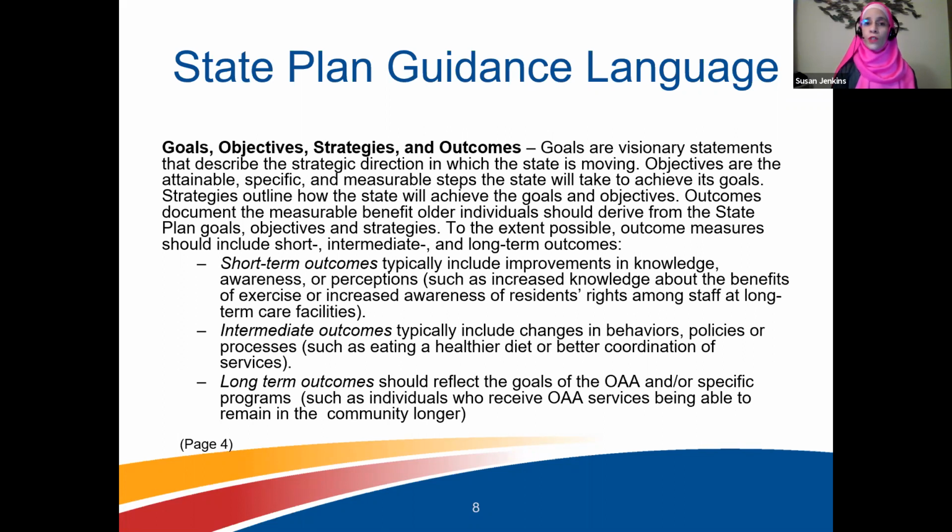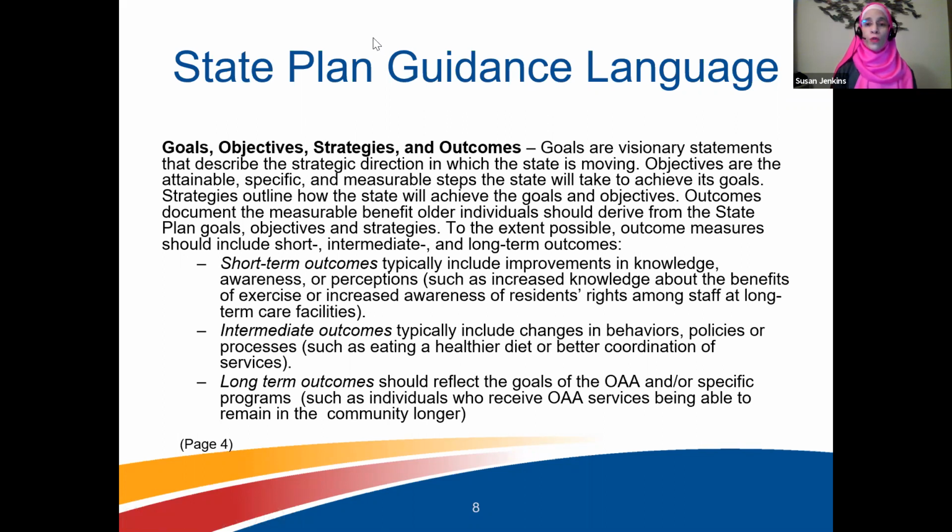And so you can imagine somebody receives nutrition education, they've increased their knowledge about nutrition, then you would hope that they would change their behaviors and eat more healthful foods. That would be the intermediate term outcome. And then the long-term outcome is ultimately, you would hope that they would be healthier.